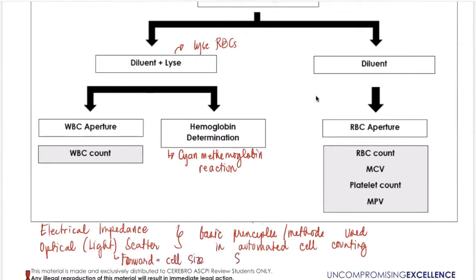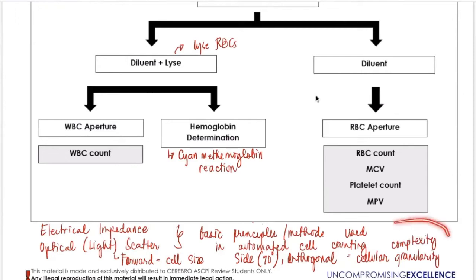And yung side scatter, or yung 90 degrees angle scatter, or tinatawag din ito guys na orthogonal scatter, this one naman assesses cellular granularity, or pwede din siyang tawaging cellular complexity. Okay? So dito na guys pumapasok yung number of lobes ng nucleus, yung presence ng mga cytoplasmic granules.